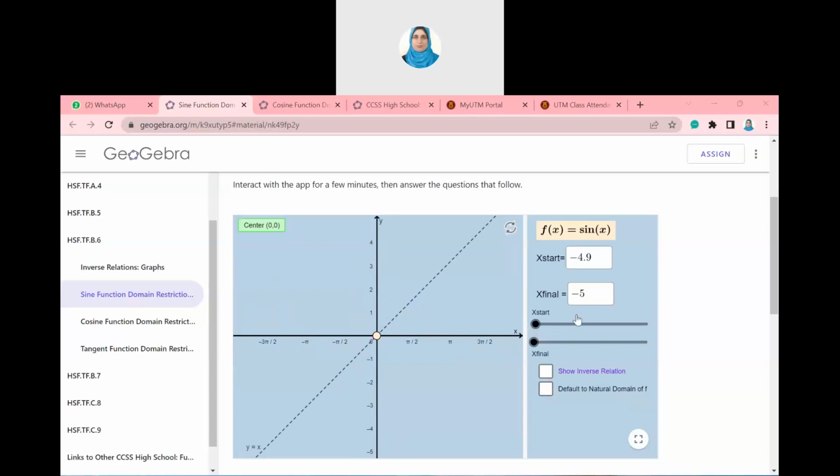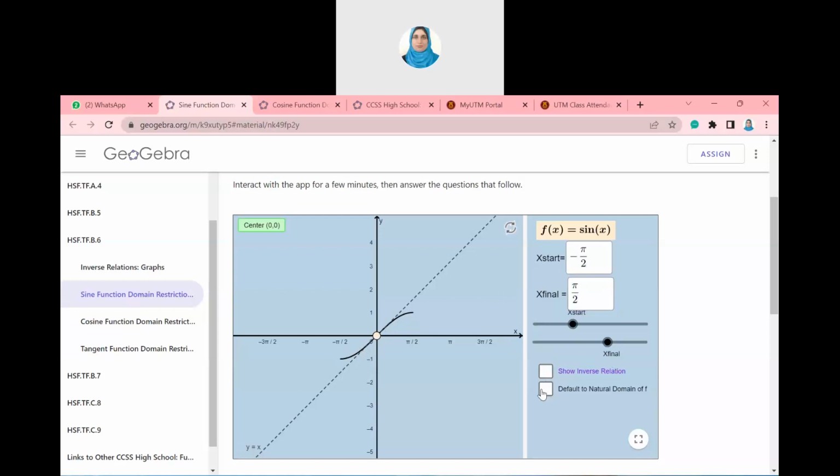So for sine, I will restrict it from minus pi over 2 to pi over 2. This part only is one-to-one.